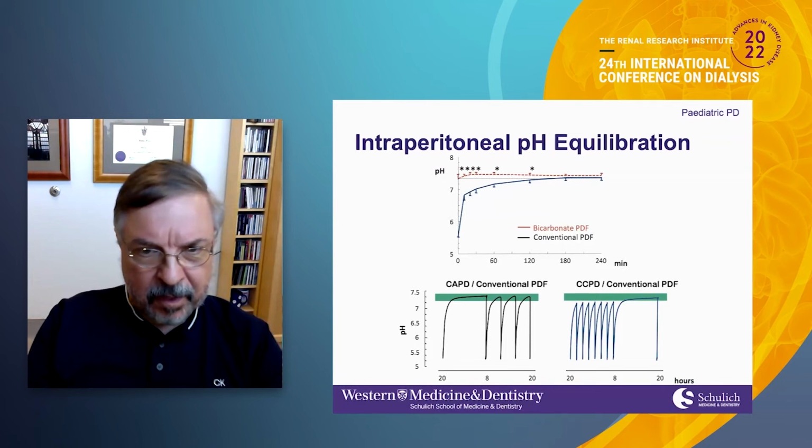So, as I told you, most of the patients needed CCPD, and as you can see, except for the last dwell, which in our case we actually do very often with icodextrin, there is no normalization of the pH happening at all.